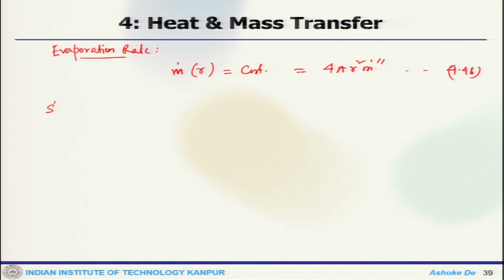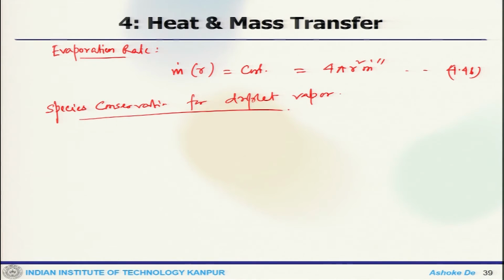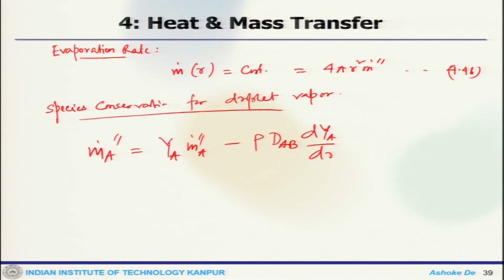Then the species conservation for droplet vapor would be another thing, which is m dot y a minus rho d a b d y a by d r, which is equation 4.47. So, one is the mass conservation, one is the species conservation.